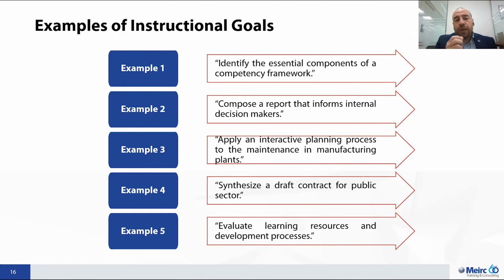Now, please allow me to spend some time around some very common standards regarding instructional goals. And the word that we always need to ensure shows whenever we are looking at instructional goals is the word observable. Observable. Now, what does observable mean?